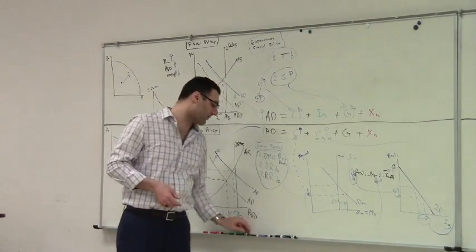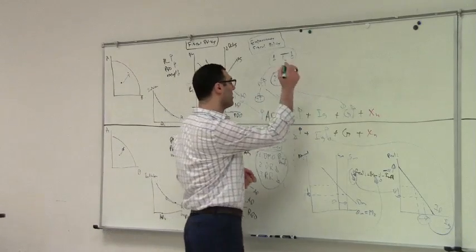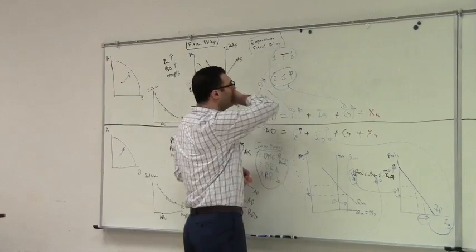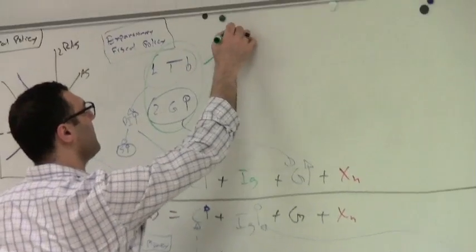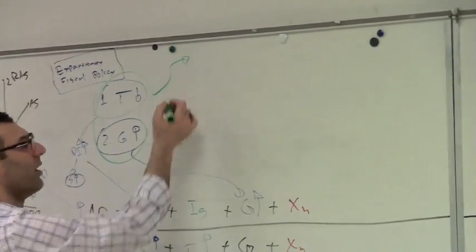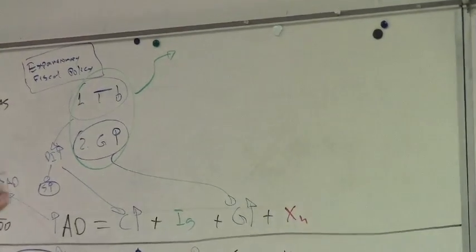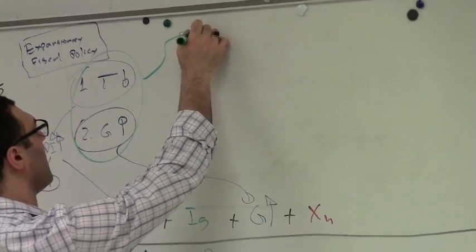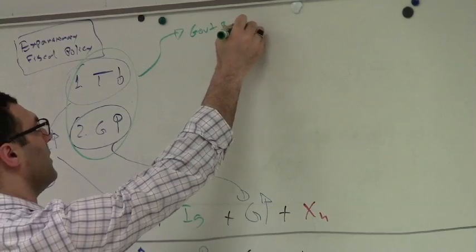Now let's talk about side effects. So let's talk about fiscal policy here. The side effect is going to be in green. This, taxes down, government spending up, is going to affect government budgets, right? Because government has less money coming in and it's spending more money, you got a government budget deficit.